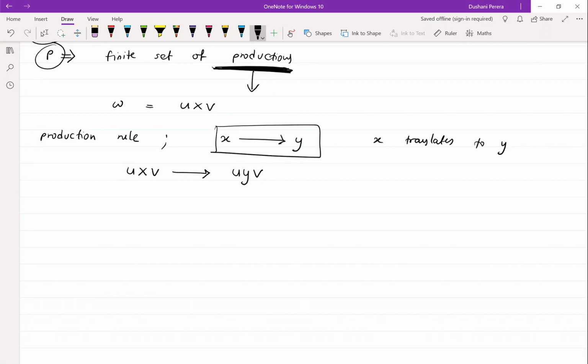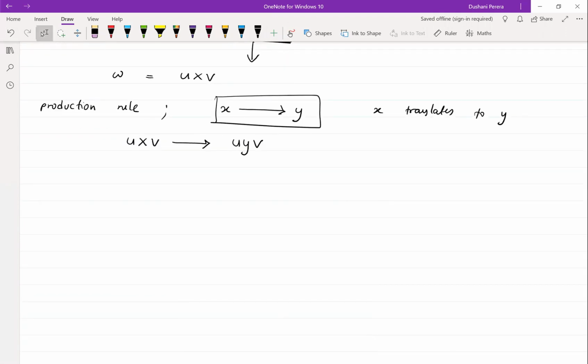Now when this translation happens, we say that we derived UYV from UXV. That's understandable. We derived this by this. So this is the derivation we got. That is the answer we got, the derivation.